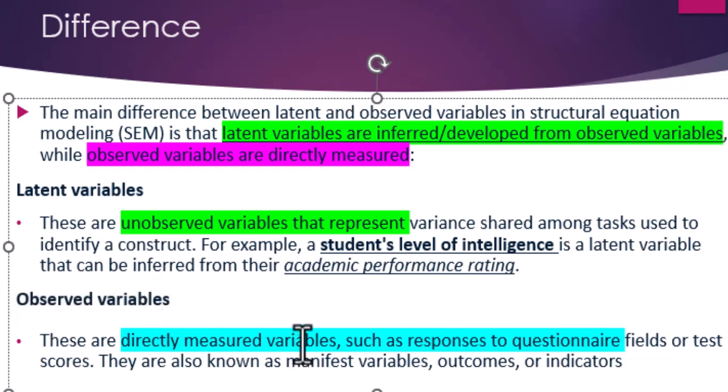They can actually be observed. They can be counted. For instance, if you're answering a questionnaire, that particular question is an observed variable. So if we have a questionnaire with 5 questions, these questions are observed variables. Then when you combine them together, you can develop latent variables from them.